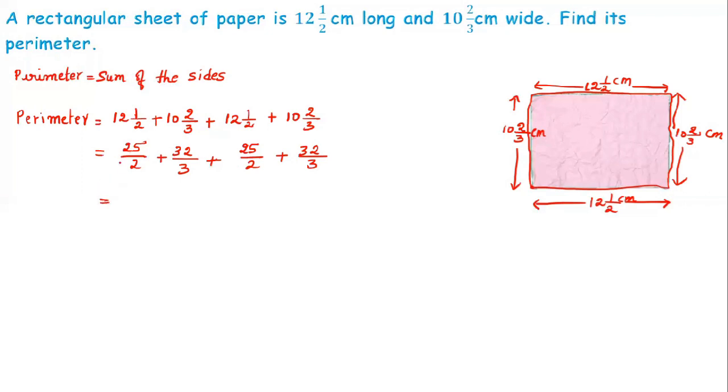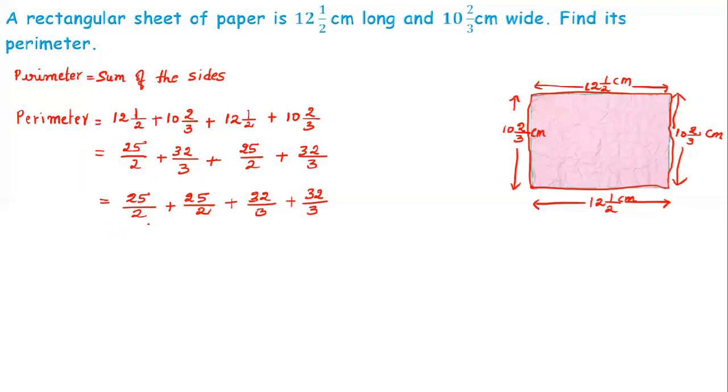So I will regroup like this. 25/2 and 25/2 are there, so I will write them together. You can add the numbers by making different groups.